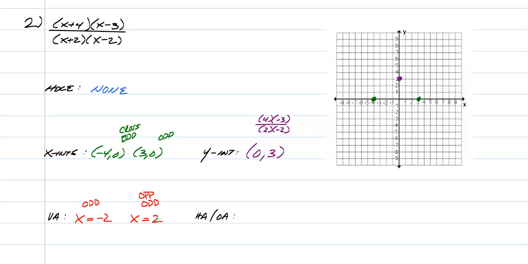Since this is equal degree, that is where you take the leading coefficient. So if you were to FOIL this out, you would have x squared on top, x squared on bottom, no numbers, so that's 1 over 1. Your horizontal asymptote is at y equals 1.